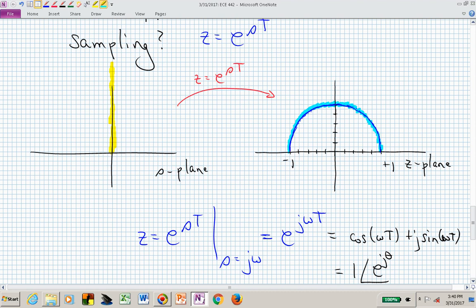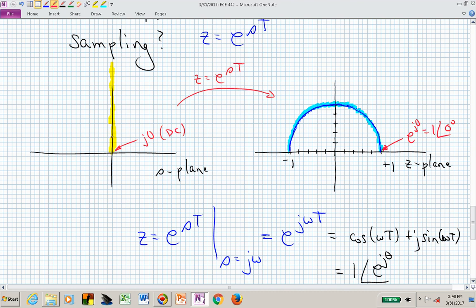Or, identifying a few points, if we look at j0, or DC, and replace omega with 0, I hope you see that we now have e to the j0, which is just 1. So omega equal to 0, or DC, now corresponds to 1.